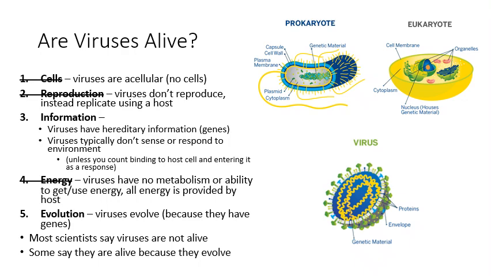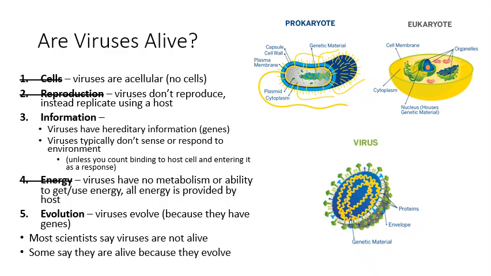So if we compare those characteristics to virus characteristics, we see that viruses are not making the list. So they don't have a cell. They don't reproduce. Instead, they rely on a host cell to replicate them.